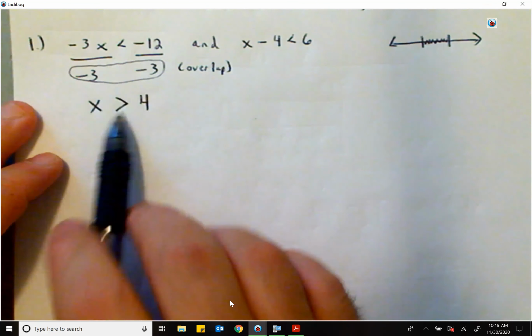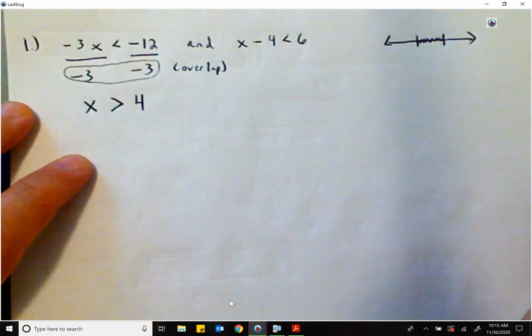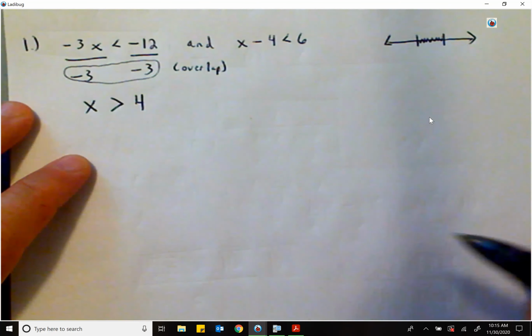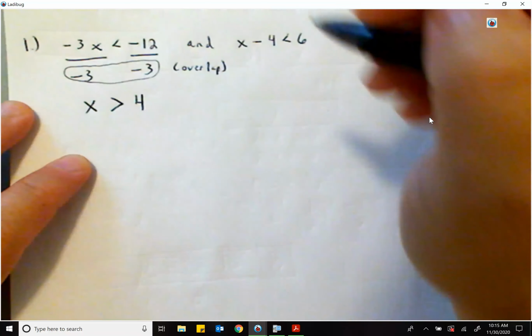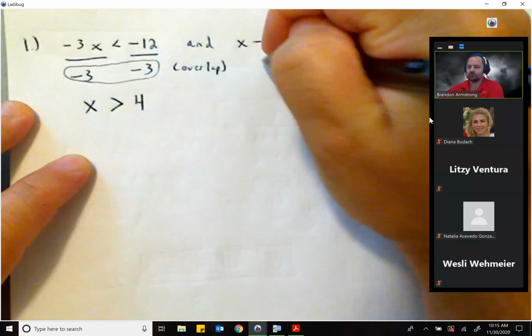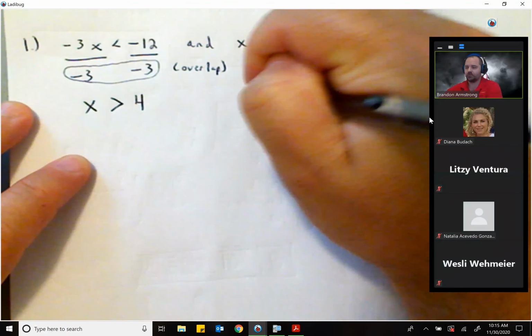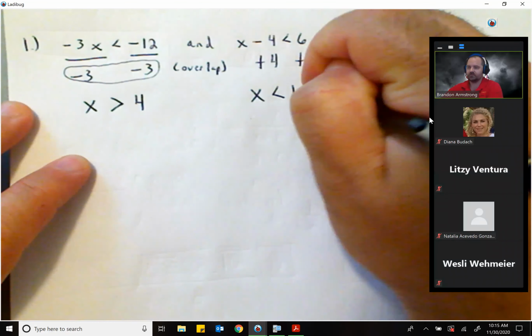All right. How do we solve x minus 4 less than 6? Add 4 to 6. You got it. So plus 4, plus 4. x is less than 10.